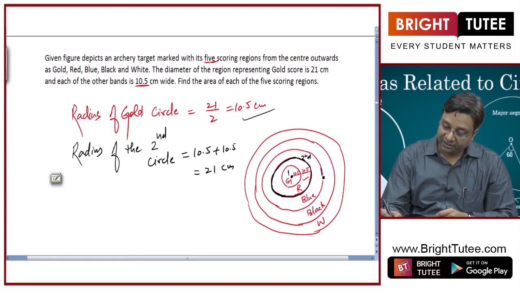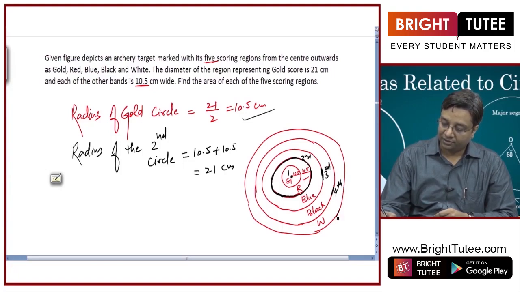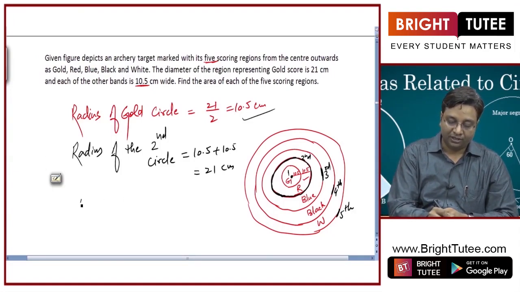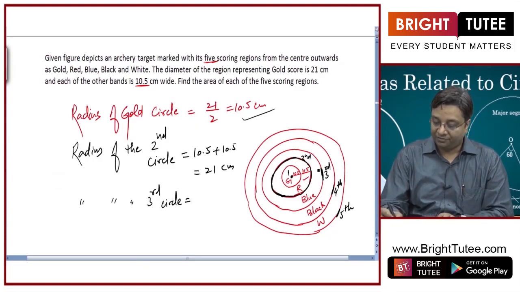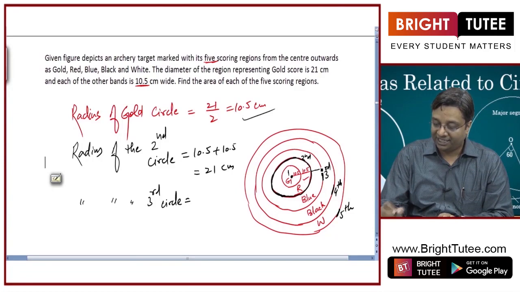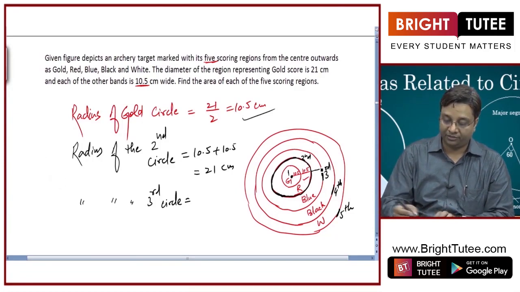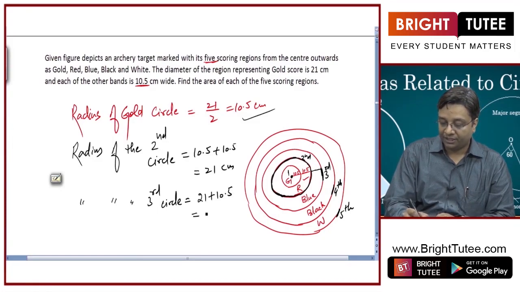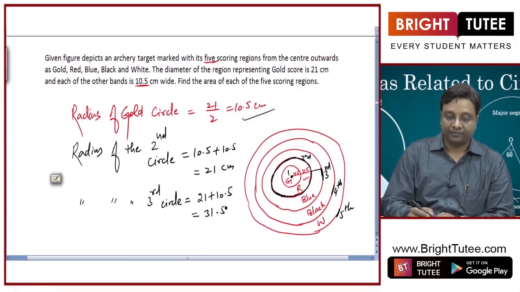If I consider this as my third circle, this is fourth, this is fifth circle. So what is radius of third circle? You will just add the width, which is 10.5, to get the radius of third circle. So which is 21 plus 10.5, which is equal to 31.5.